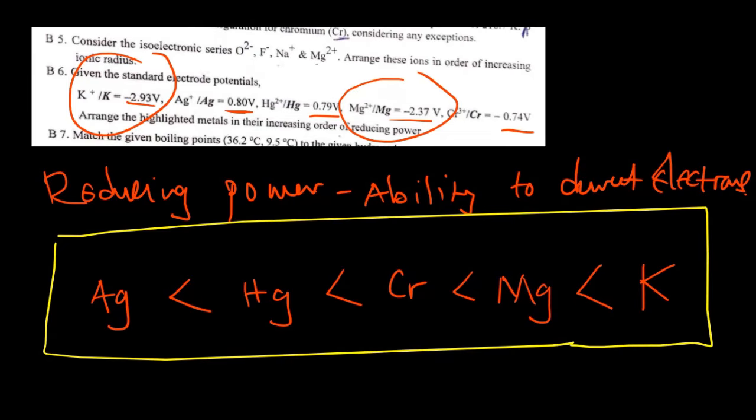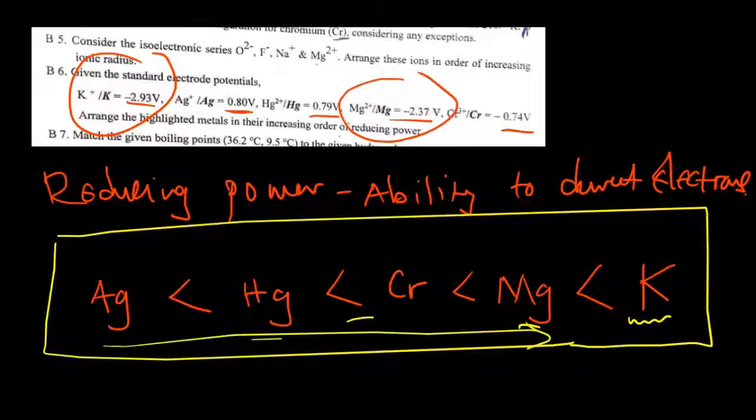The potassium has the largest negative electrode potential, so it's the most powerful reducing agent. Then followed by the magnesium, the chromium, the mercury, and finally the silver will be the last one. This is the increasing order of the reducing potential. All right, any questions there?